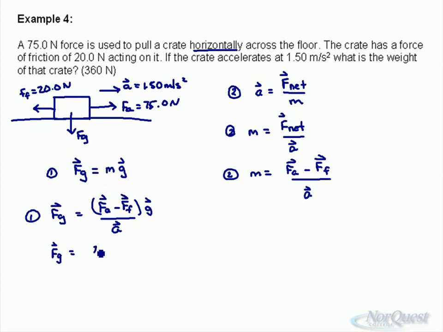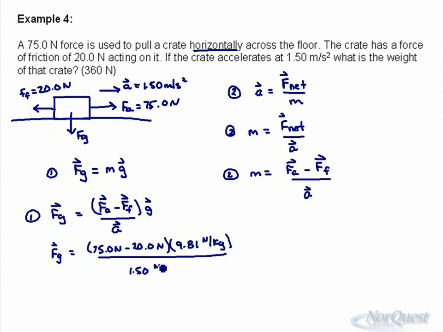So it's going to be 75.0 newtons minus 20.0 newtons. I'm going to multiply that number by 9.81 newtons per kilogram, and I'm going to divide that by 1.50.